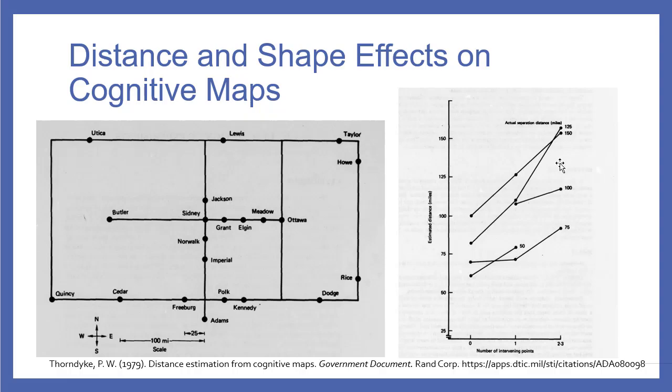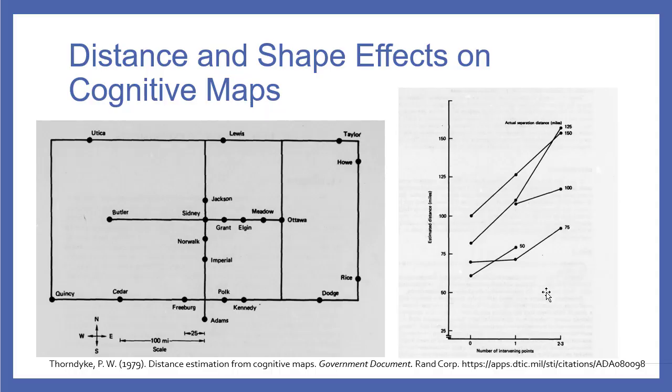Okay, and then as you add cities between different points, you have an increase in the overall distance error between the two estimates. So in this example up here, there are 2 to 3 intervening cities. They estimated about 160, and they were 125 miles off altogether. So you can tell that there's roughly a 40-mile difference between those things, as opposed to only a 25-mile difference or so when there's only one intervening city.